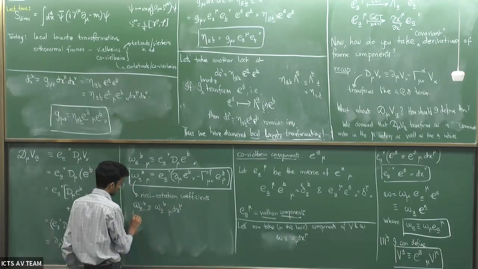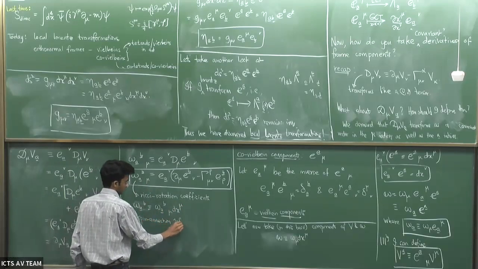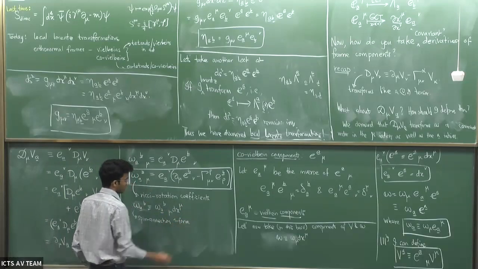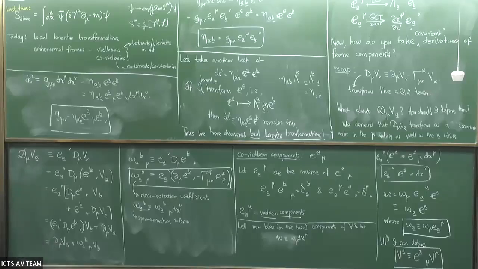Okay, this is called the spin connection one form. Both are just some names. Most people just say the spin connection. Nobody really says Ricci rotation coefficients, I haven't heard anybody say that, but Wald calls them Ricci rotation coefficients, the components of the spin connection.